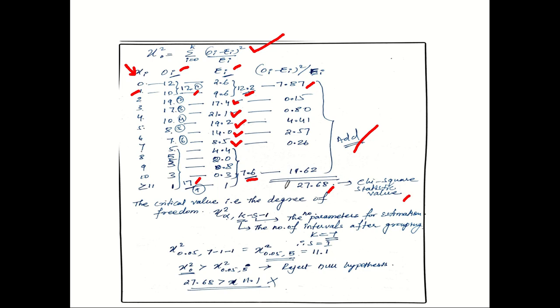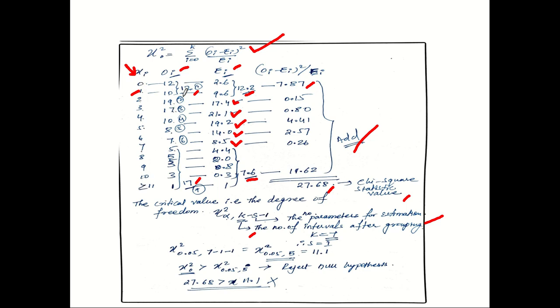This value you have to compare with the critical value. The degrees of freedom for the chi-square test is chi-square alpha comma k minus s minus 1. Here k is the number of class intervals after grouping. Earlier we had 12 class intervals before grouping.